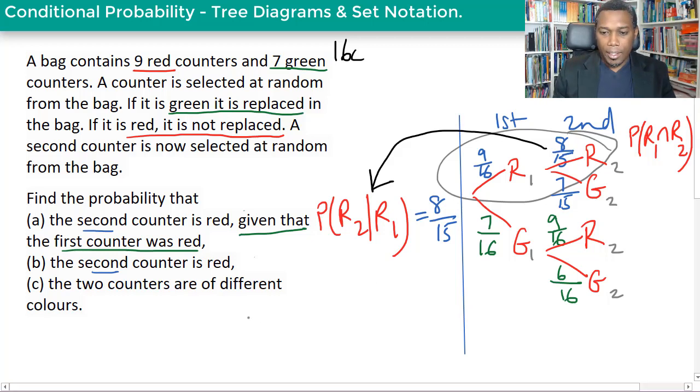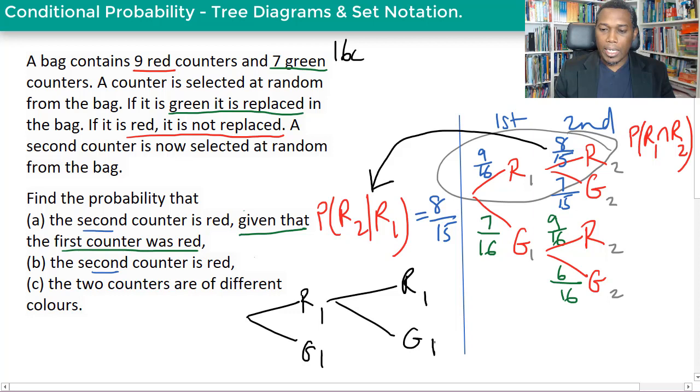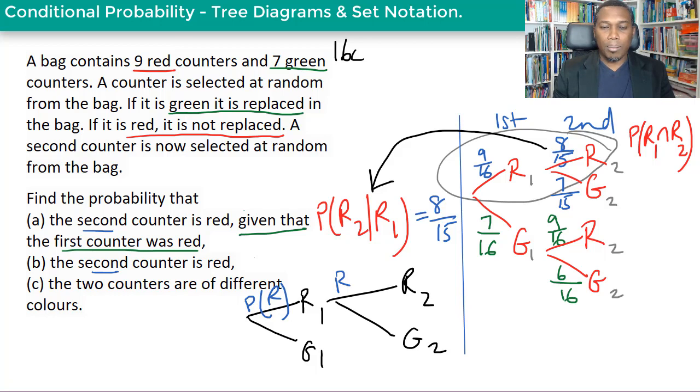What am I saying? If I have red 1, and then green 1, and then we have red 1 again, and the green 1, what I'm trying to get across is that the first probability is the probability of red. The second probability is the probability, and we need to put in 2s. I put 1s, but I should have put in 2s, so we'll put 2s there. The second probability, so that's the probability of red 1.